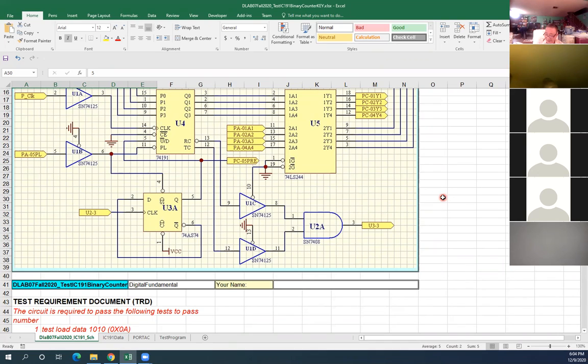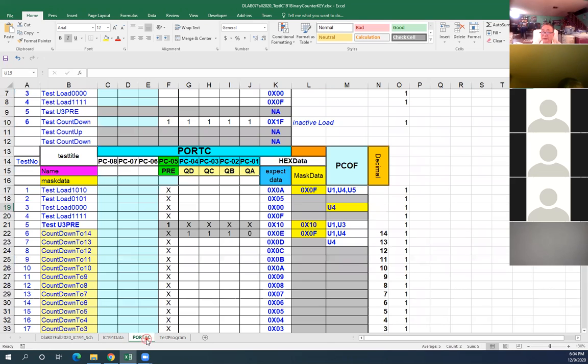The good thing is you apply 0 here. They go into preset. Then U3 pin 5 must be 1. And this one was already tested in tests 1, 2, 3, 4. So nothing is wrong. So that one and U3 only.